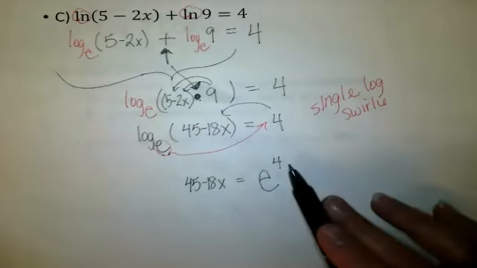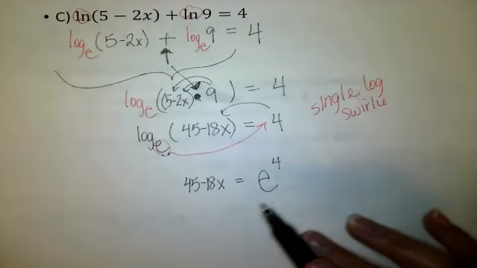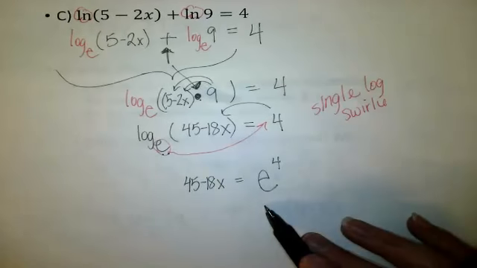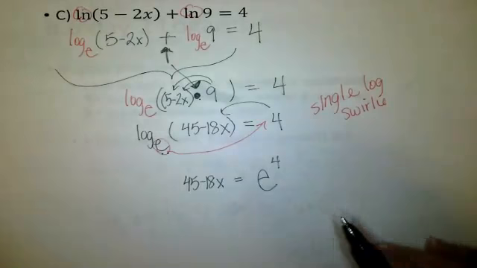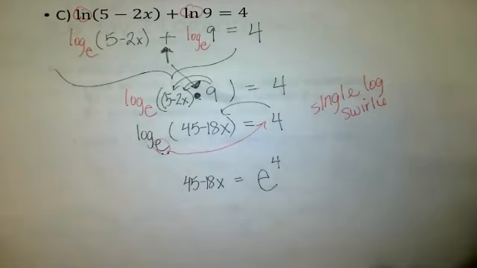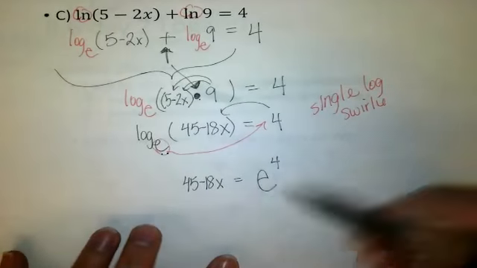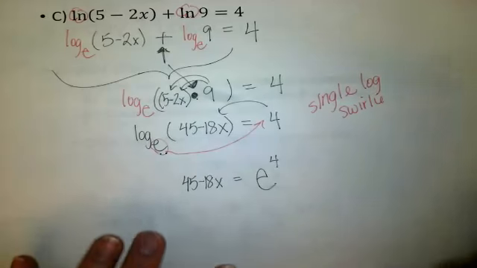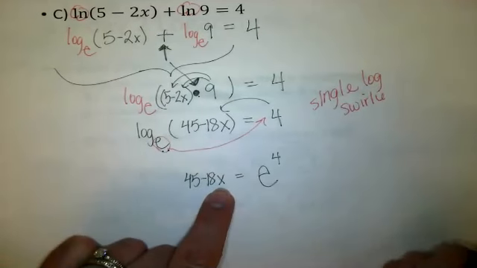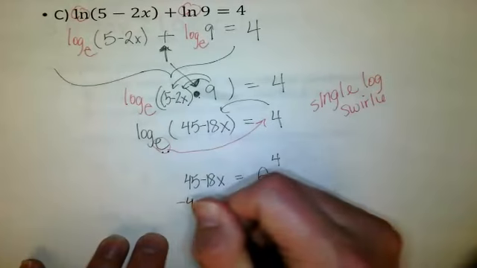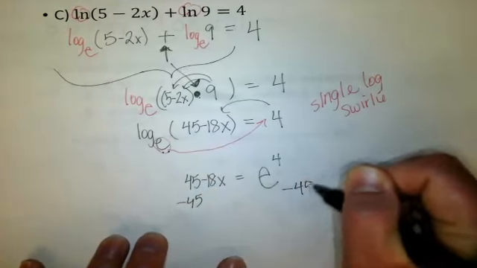E to the 4th power is totally crazy. It is a number. What is e? Not quite 3. It's totally weird, right? I'm going to go ahead and just leave it e to the 4th. That's a great answer. But I still need to isolate x. What should I do to isolate x? Subtract 45.